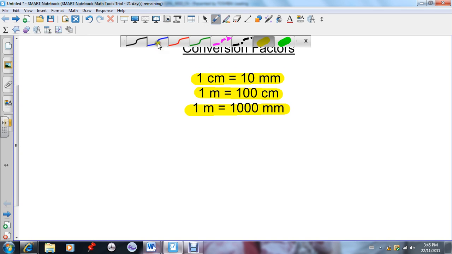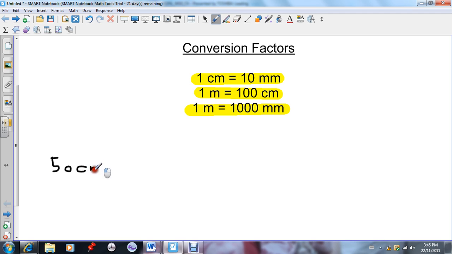We're going to change 50 centimeters to millimeters. All we have to do is take the number of centimeters, 50. We know that in 1 centimeter there are 10 millimeters, so we simply multiply 50 by 10, and you get 500. It's just that easy.